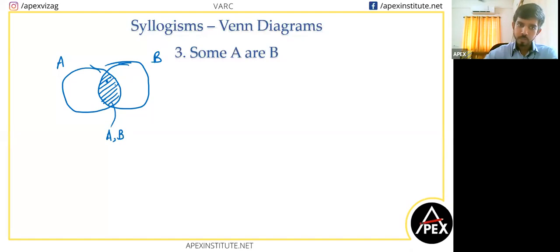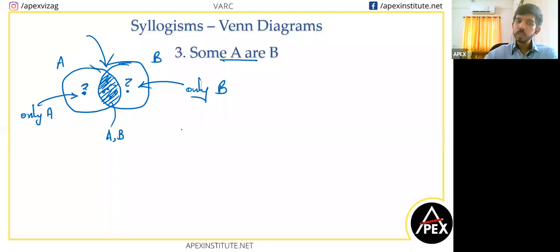So all the elements here are both A as well as they are B. But there are some elements which are only A. They are not B. And there are some elements which are only B's. They are not A. Right? So by some A or B, we only come to know that this part of the circle has a few elements. We don't know anything about this part and we don't know anything about this part.